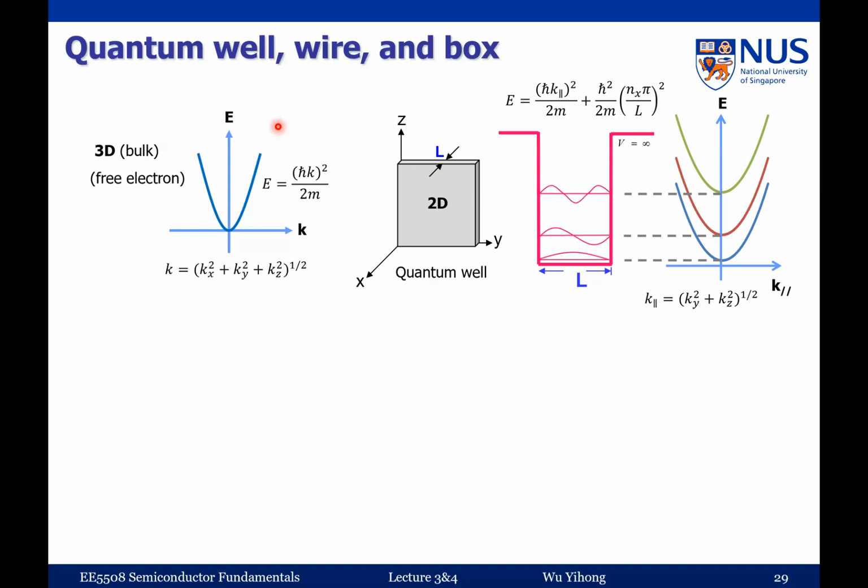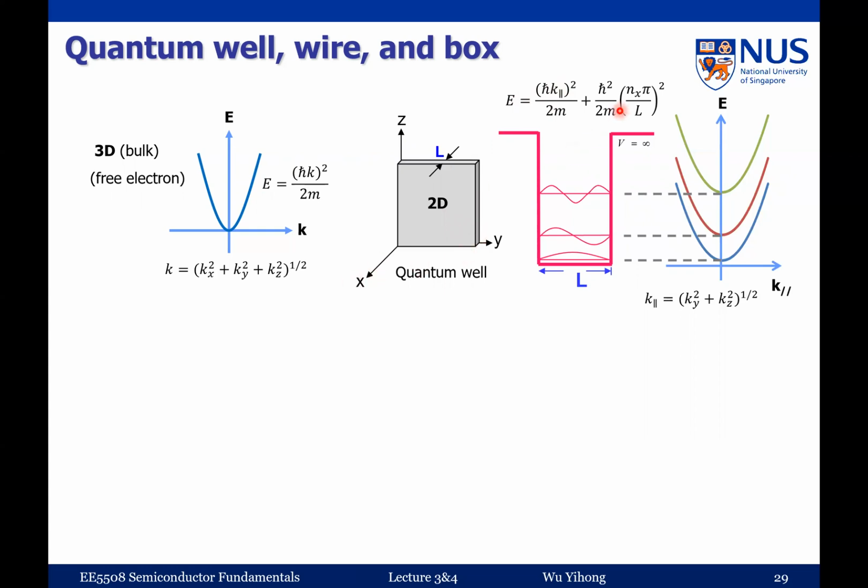So now you try to confine from one direction. You confine in the X direction, but the electrons can still move freely in the YZ directions. You still have this parabolic dispersion, but it is only with respect to the wave vector in the YZ plane, in which the electron can move freely.